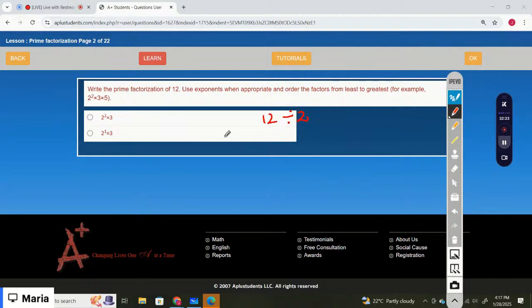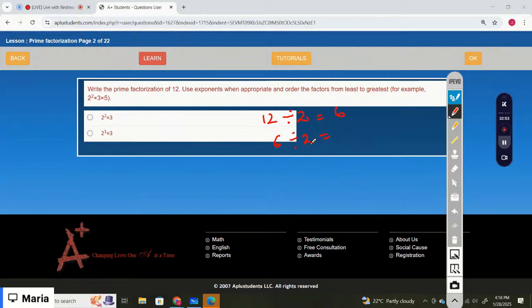The smallest prime number that divides 12 is 2. Twelve divided by 2 is 6.